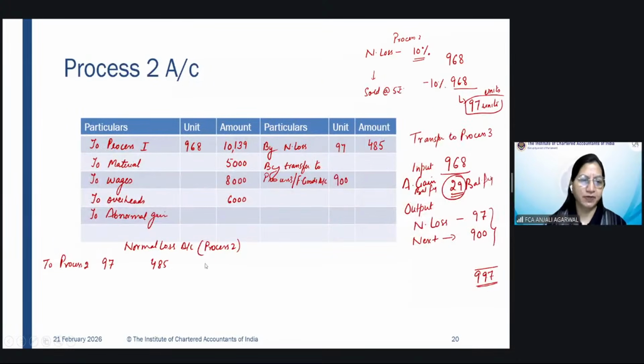Bracket is not needed. You can keep it separate also. So from process 2 we should have 97 units as normal loss account, and the amount should be 485.